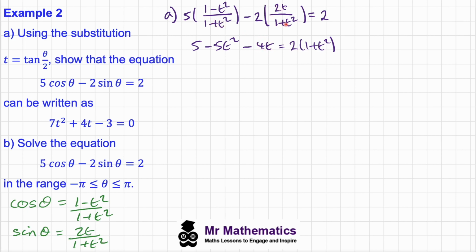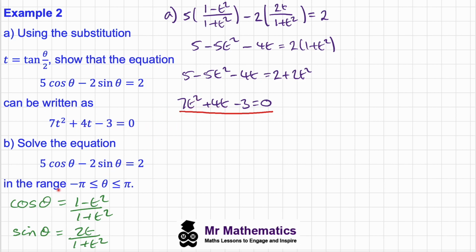And the common denominator we've moved to the right hand side. Now we can expand this out, and then we can move all the terms over to the right hand side, because then this will become a positive 7t squared. And now we have our quadratic equation. So this is part A.